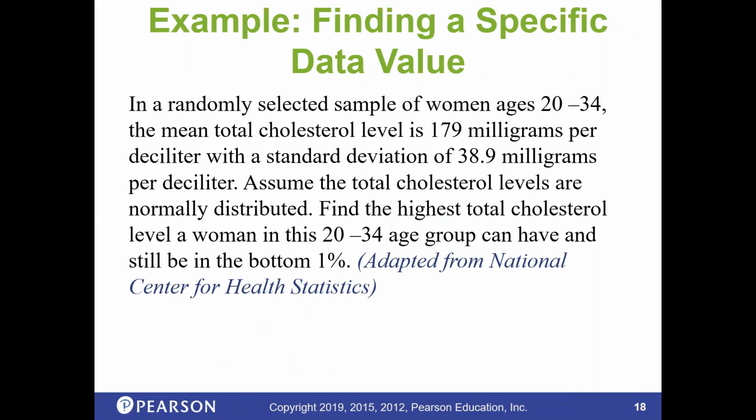The mean total cholesterol level is 179 milligrams per deciliter, with a standard deviation of 38.9. Assume they're normally distributed. Find the highest total cholesterol level a woman ages 20 to 34 can have and still be in the bottom 1%. So now we're looking toward the bottom.